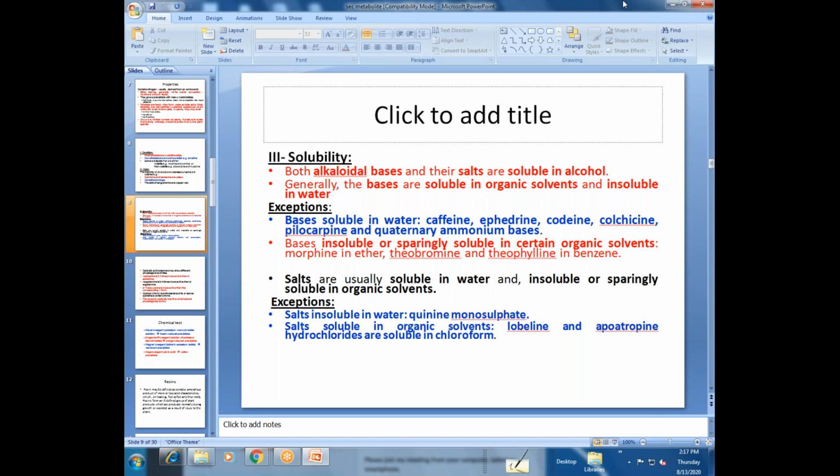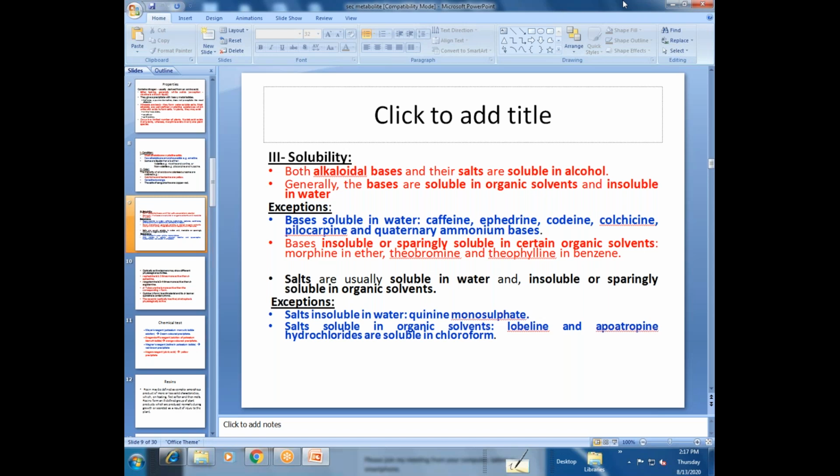Salts are usually soluble in water but insoluble or sparingly soluble in organic solvents. That is very clear. There are a few exceptions where salts are insoluble in water: quinine monosulfate.